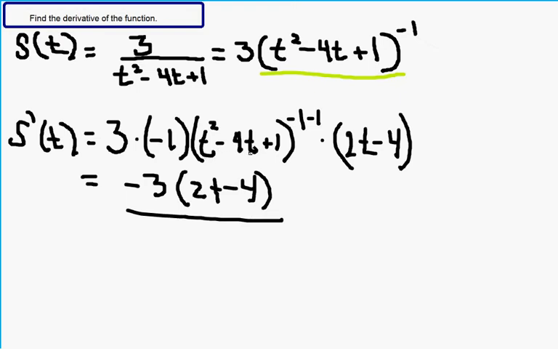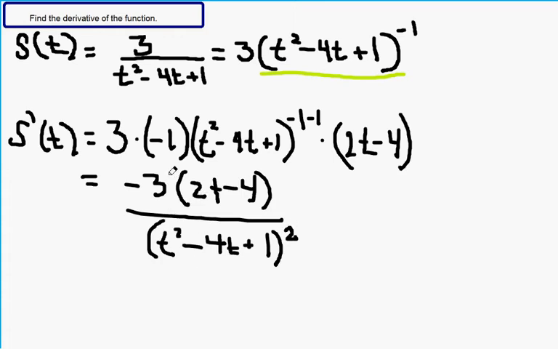And this polynomial is raised to the negative 2, so I'm going to drop it down to the denominator. The polynomial t squared minus 4t plus 1 is now raised to the second power in the denominator.